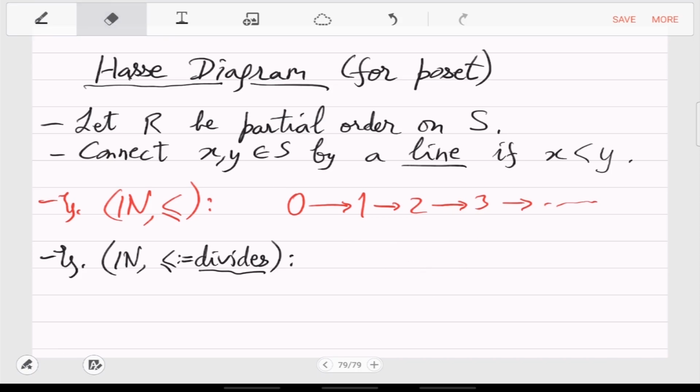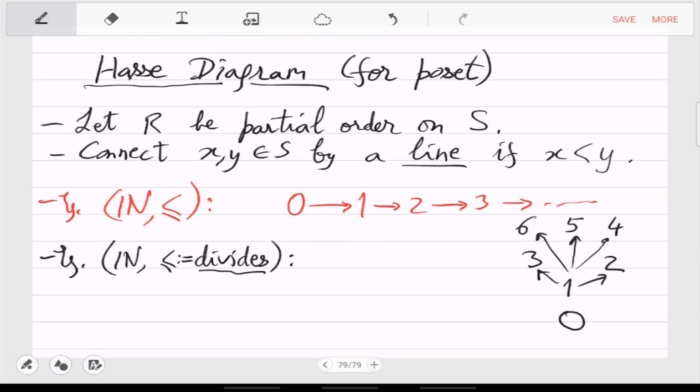So let me say some finite set. So 0, 1, 2, 3, 4, 5, 6. So the edges will be: 0 doesn't divide anything, 1 divides 2, 3, 4, 5, 6. 2 divides 4 and 6, and 3 divides 6.